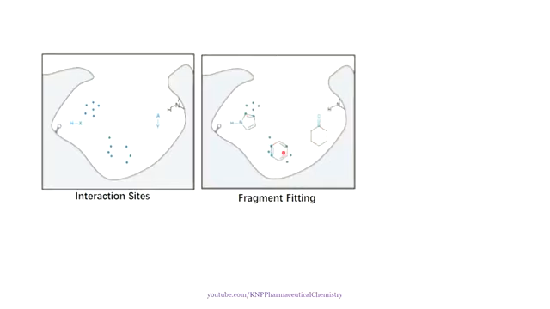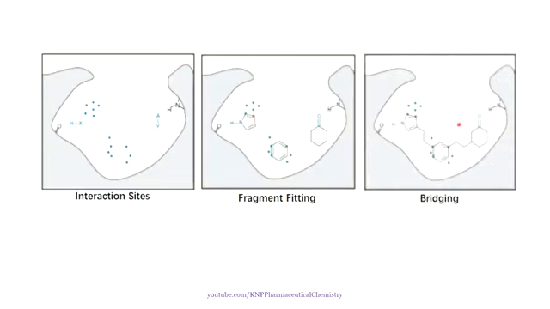These three moieties or fragments are going to fit very perfectly in this active site. Now we are going to form bridges, that is bridging, and then we develop our own ligand. This ligand was entirely newly developed based upon the information of the interaction site. That's why it is called de novo drug design.